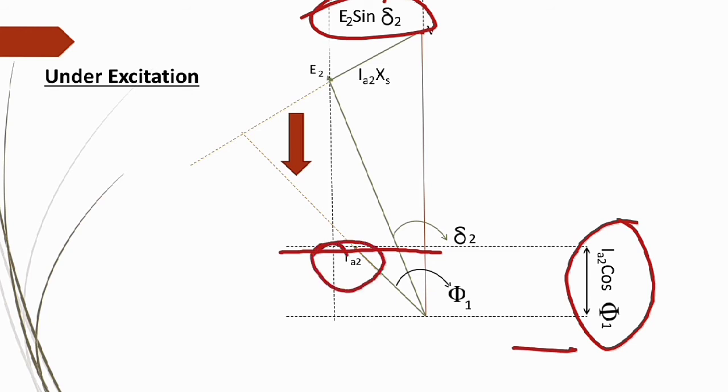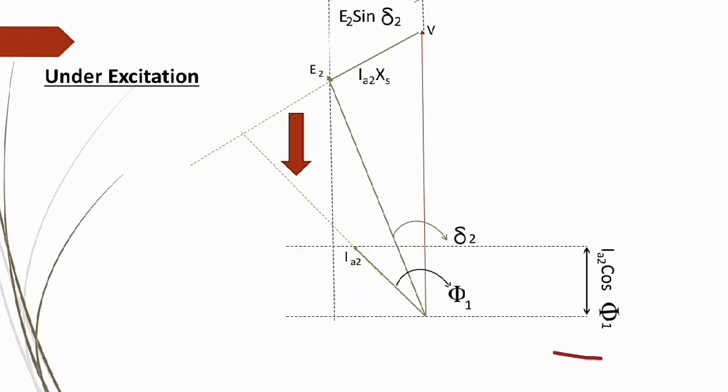That means in both cases, when you change your excitation from normal excitation to over excitation, the armature current increases. And when you change your excitation from normal excitation to under excitation, the armature current also increases. In both cases armature current increases. So here you can clearly see this.